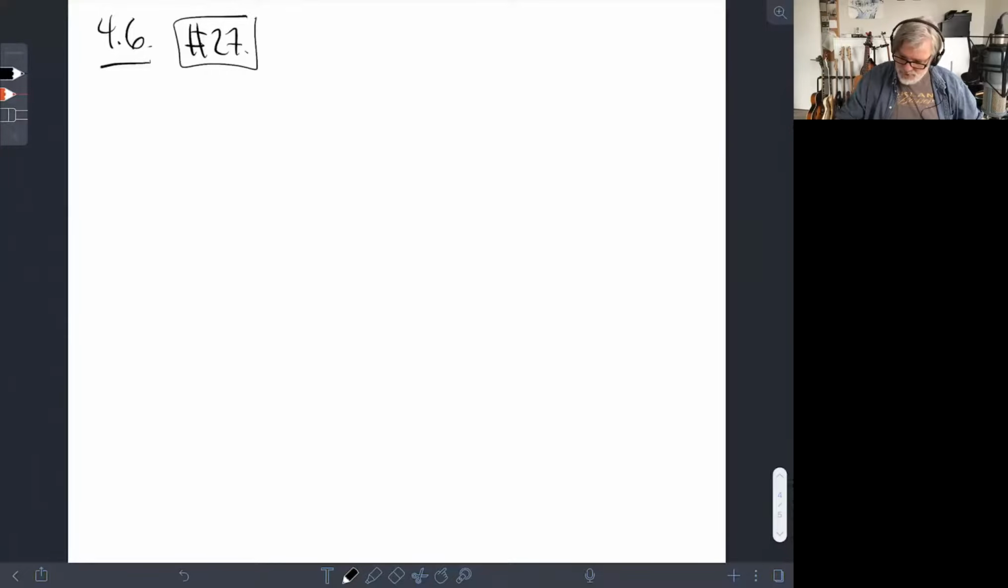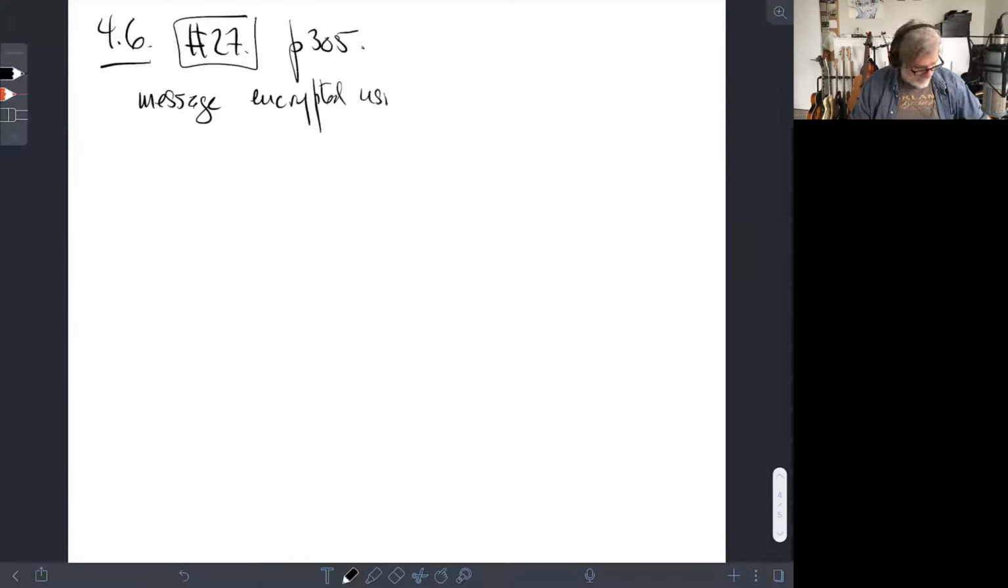So here's the problem, number 27, on page 305. What is the original message encrypted using RSA with n equals 43 times 59 and e equals 13?